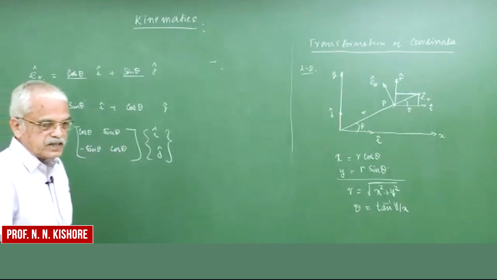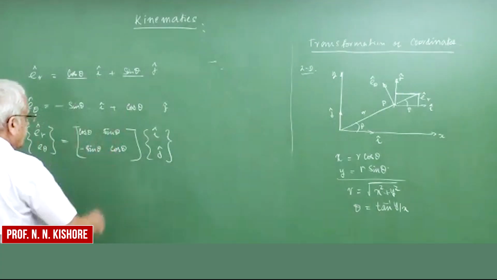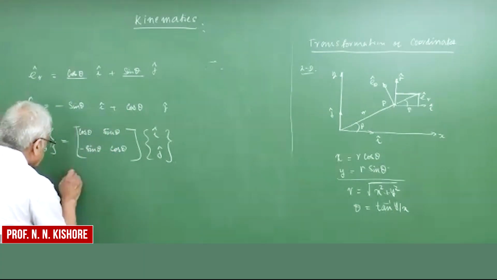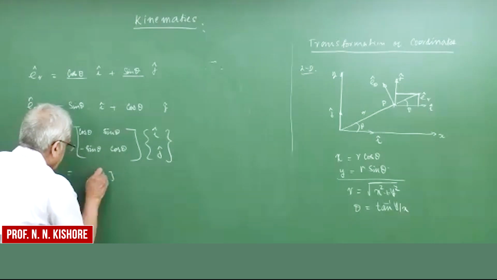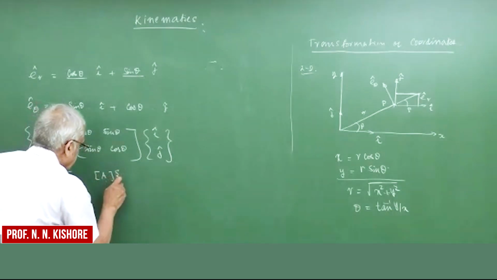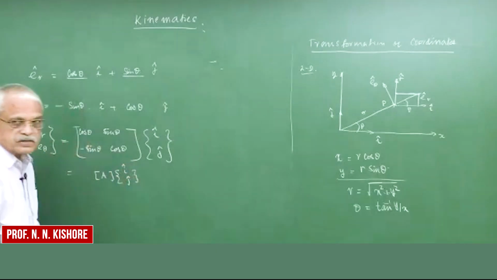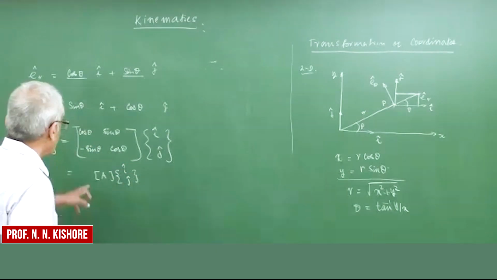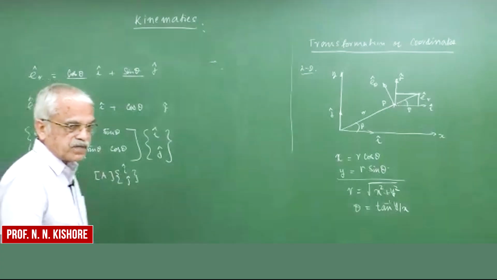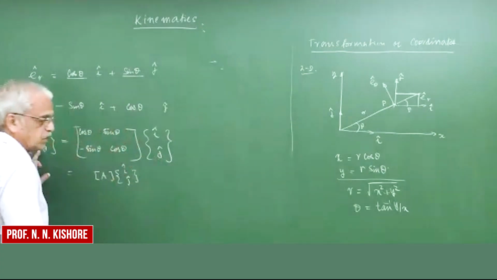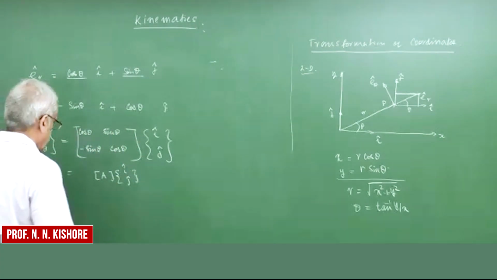So we can write it in this form, and this is called the transformation matrix. Sometimes we call it as A, the transformation matrix from i, j to e_r, e_theta, fundamentally.